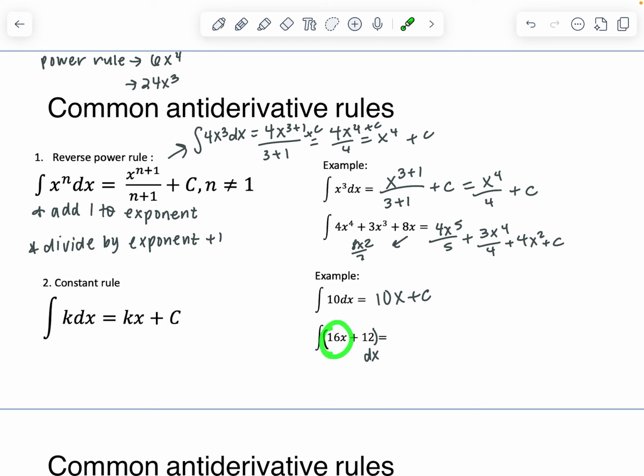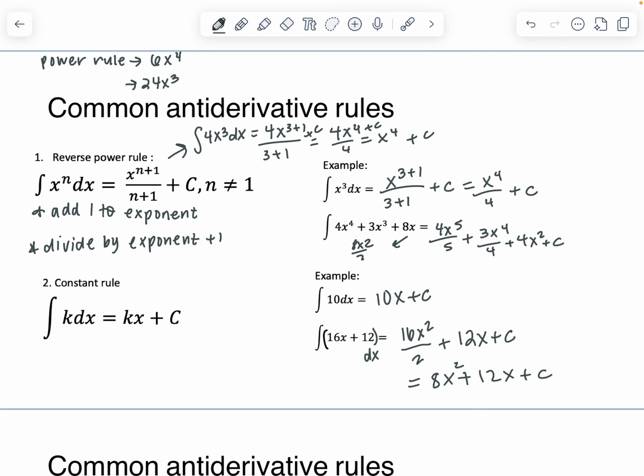You'll use the reverse power rule for this one, and then you'll do the constant for this one. And so this will give us 16x squared all over 2 plus 12x plus c, and that will simplify to 8x squared plus 12x plus c.